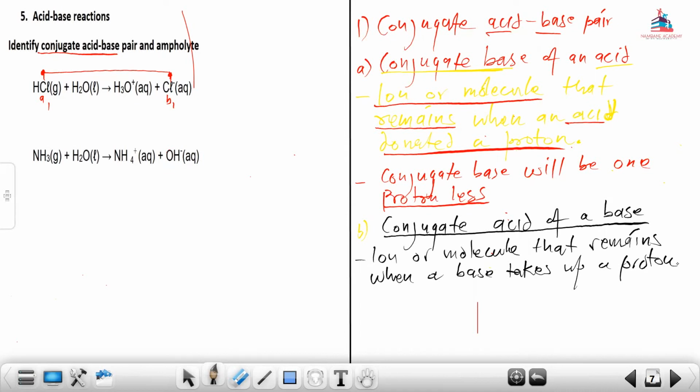But what does this say basically? It says if a base is going to take a proton, I am looking at the first reaction. I'm trying to reverse this reaction. The fact that water accepted a proton, according to Lowry-Bronsted, means water must be my base number 2.